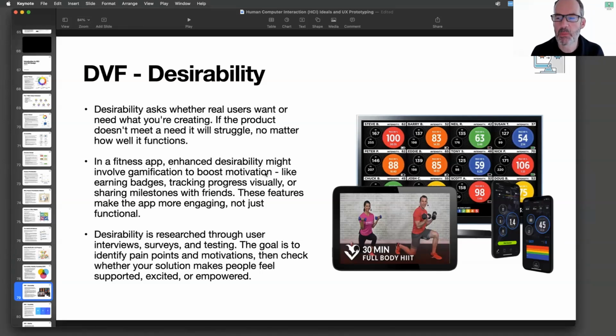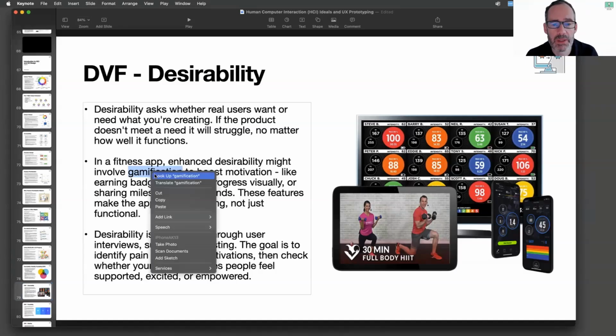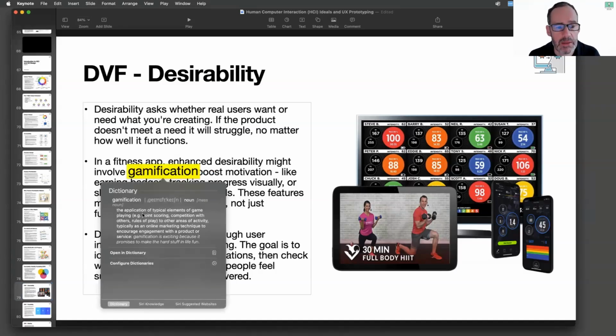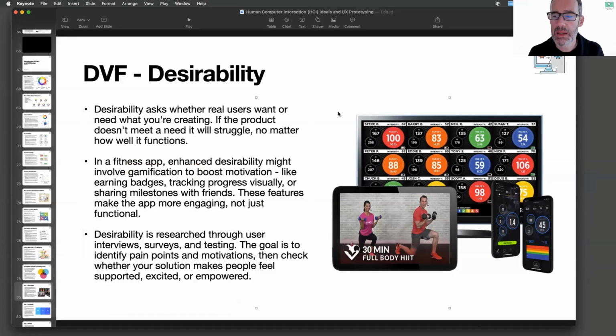That would be a pretty common sort of, do you know what gamification is? Where you get points and there's typical elements of a game, competition with others, rules of play, all this kind of stuff. So you can imagine somebody's on this fitness app, but they can also see what the other people are doing, how their performance is, and it keeps them involved because you're in a community.